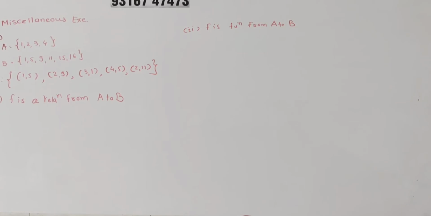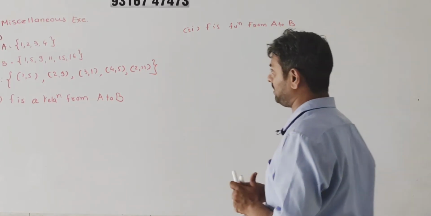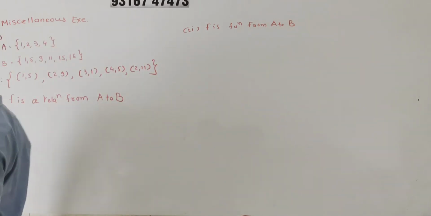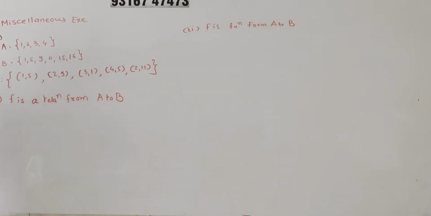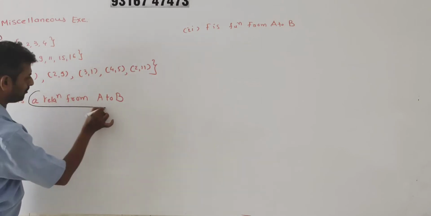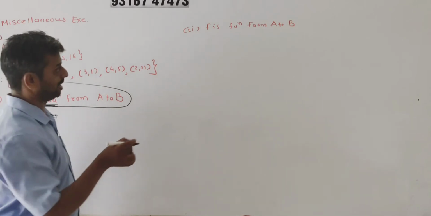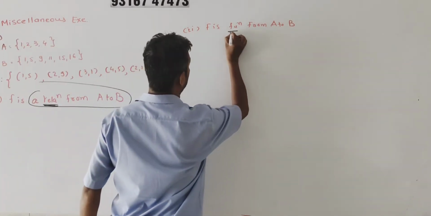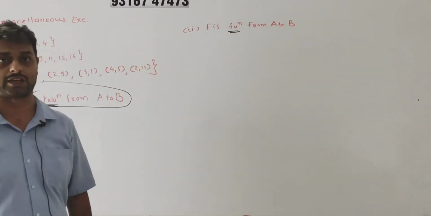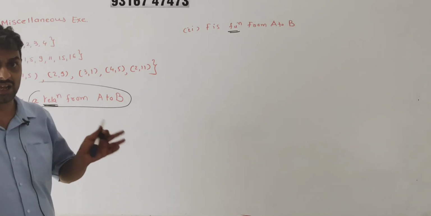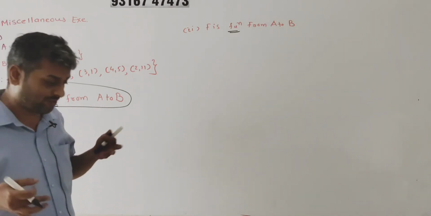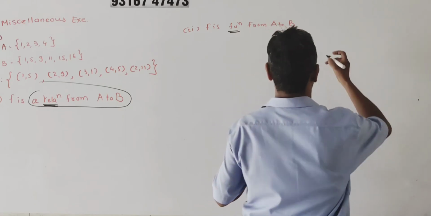Now our 10th example is a little bit different. Here A is given, B is given, and some ordered pairs of a function are given. But here they have asked whether f is a relation from A to B or not, and whether f is a function or not, that we have to check.